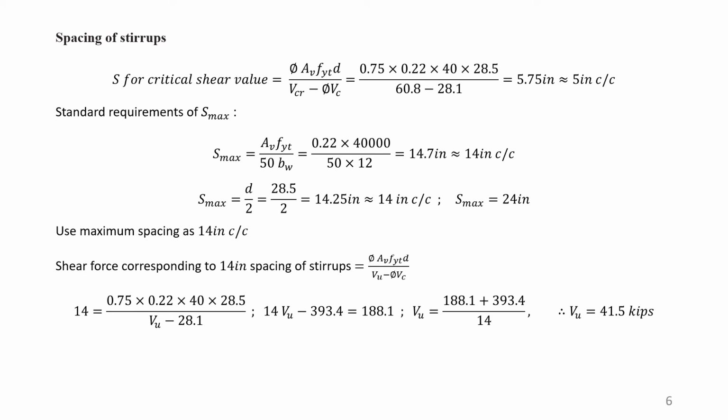And the shear capacity of the beam without shear reinforcement is 28.1, and that's why after calculating these numerical values we get 5.75 inch, and we will be using 5 inch center to center. We could have also used 5.5 inch, but here to be more safe, we have taken this value as 5 inch center to center.